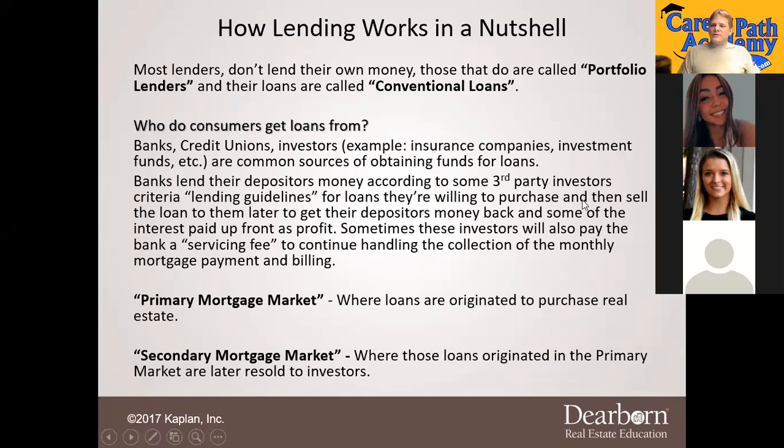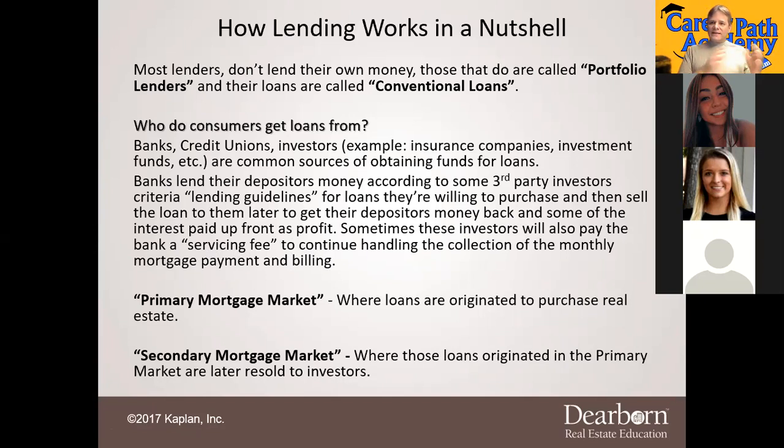For the loans that they're willing to purchase and then sell those loans to them later to get their depositors' money back and some of the interest paid up front as a profit. Sometimes these investors will also pay that local bank a servicing fee to continue handling the collection of the monthly mortgage payments and the billing charges. In a nutshell, that's how banking works.